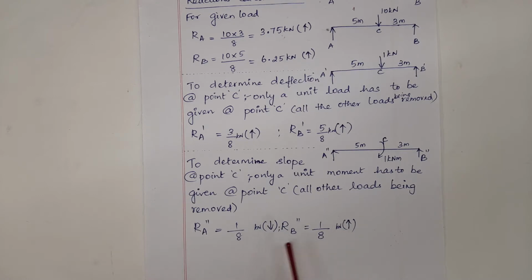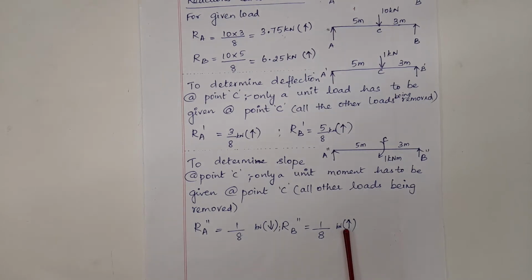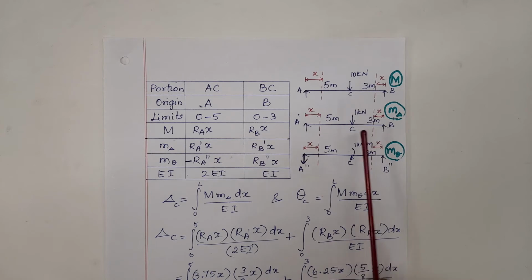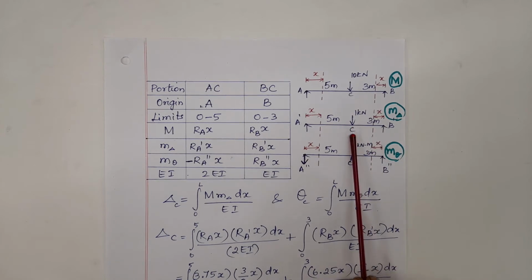With these values of reaction and direction, we are going to draw in the given beam and take sections and write equations to determine delta and theta at C. Here I have marked a beam with a unit load at C alone.